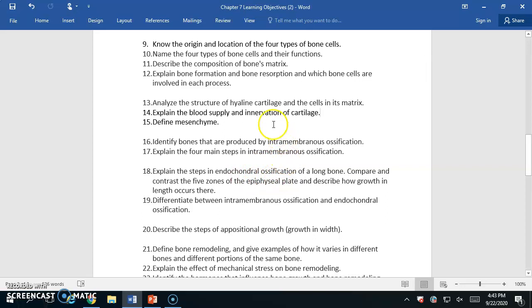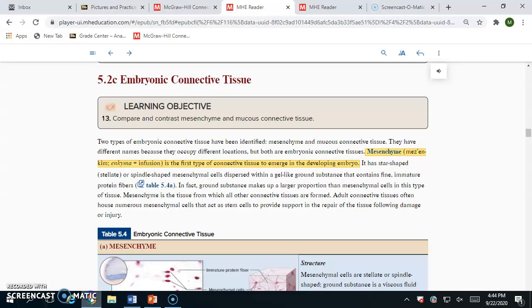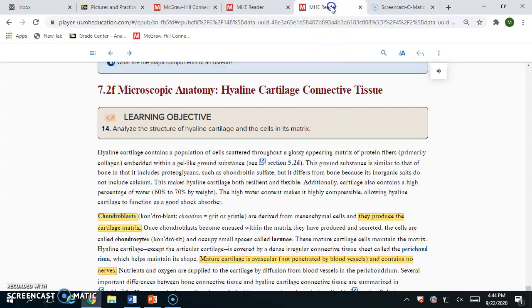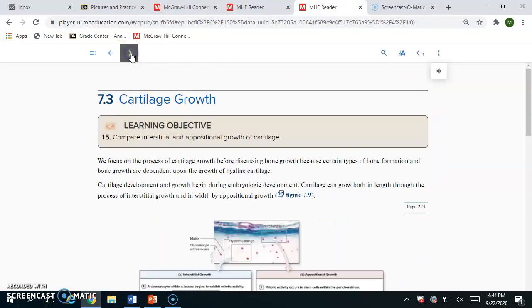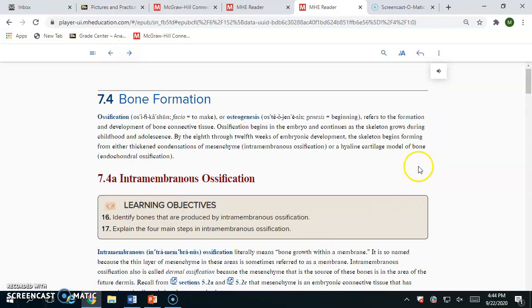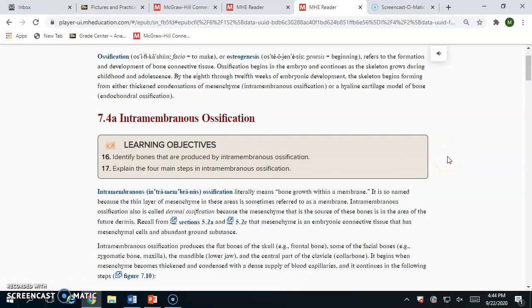But for the rest of this video, we're going to focus on formation of bone in the fetus, called intramembranous ossification. Okay, so let's move back to our textbook.